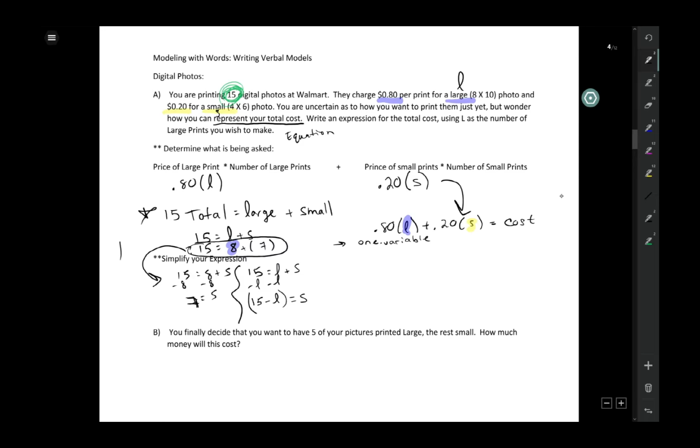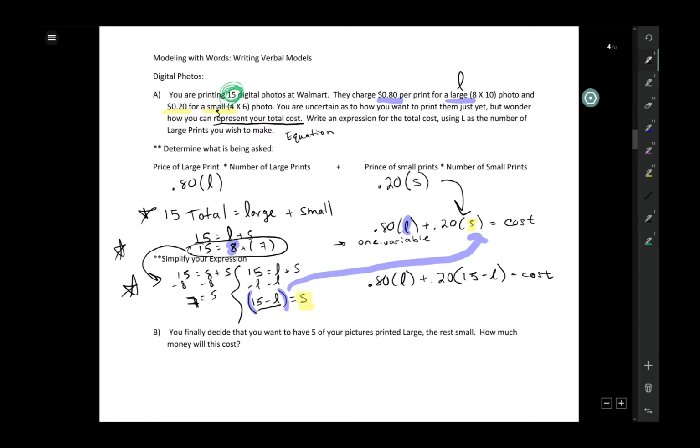This is a tricky concept. 15 minus L is really S. So what we can do is now substitute this in for S, and that's where the magic happens. 0.80 times L plus 0.20. Again, substituting the whole thing, 15 minus L, equals our cost.